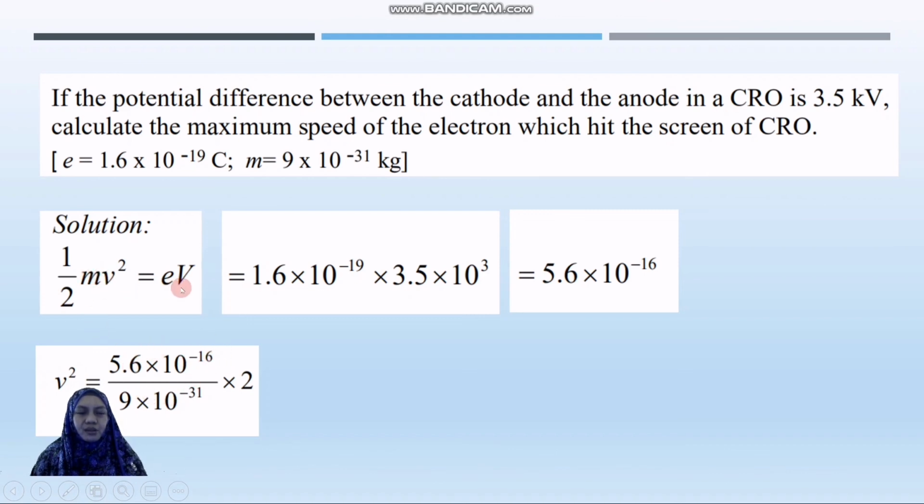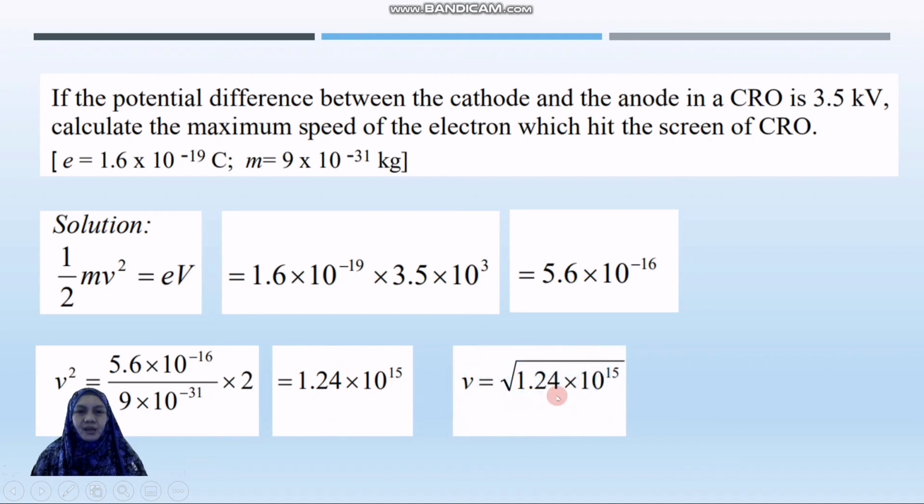So m is shifted to this side, divide by m, and 2 is shifted to the other side. So the value for v squared is 1.24 times 10 to the power of 15. And to find v, we find the square root of v squared. So the velocity will be 3.53 multiplied by 10 to the power of 7 meter per second.